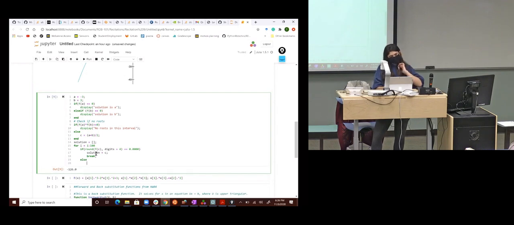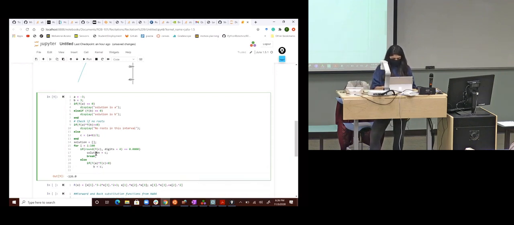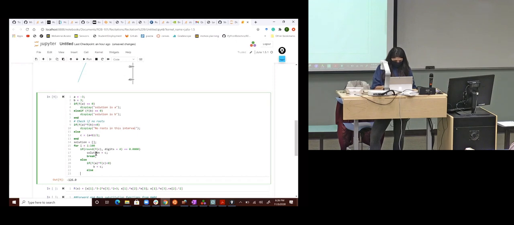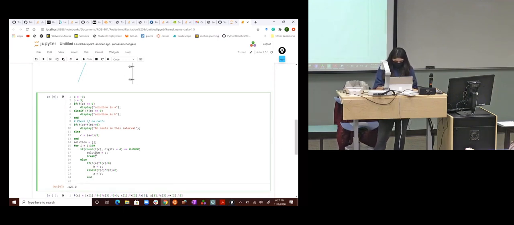Otherwise, you find out if f of A times f of C is negative, which means the root is between A and C. Then I say B equals C. Else, if f of C times f of B is negative, then I say A equals C. And I update my C equals the new A plus B divided by 2.